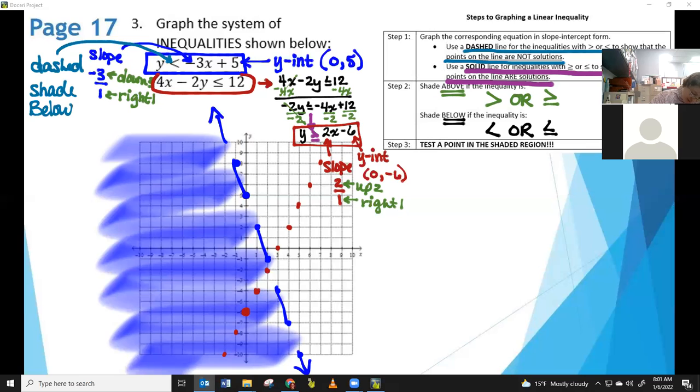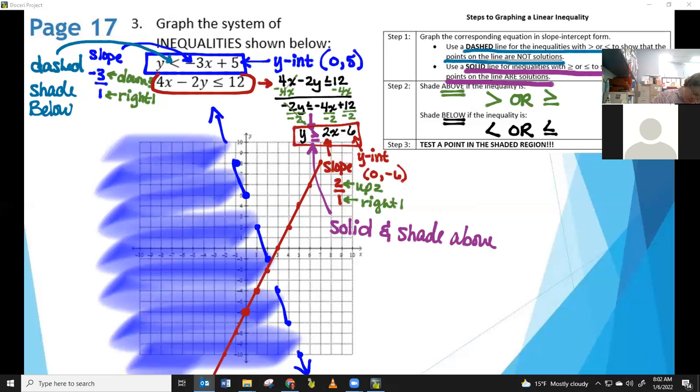According to this inequality right here, we're doing solid and shade above. I'm going to grab my straight edge. My straight edge is much better with solid lines. I'm going to trace through these points.